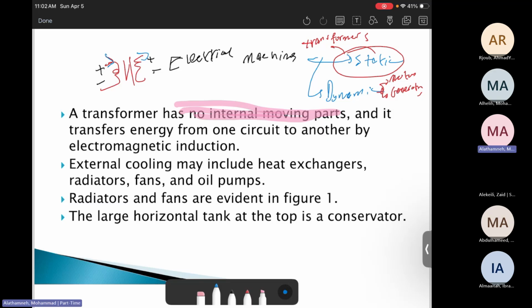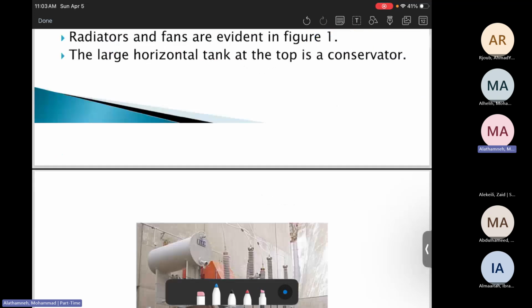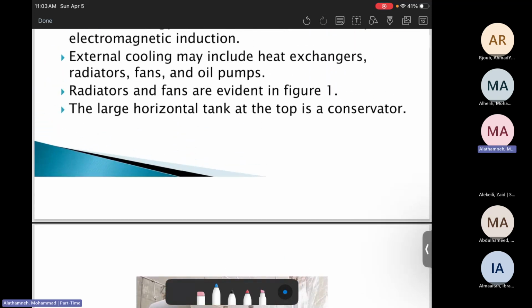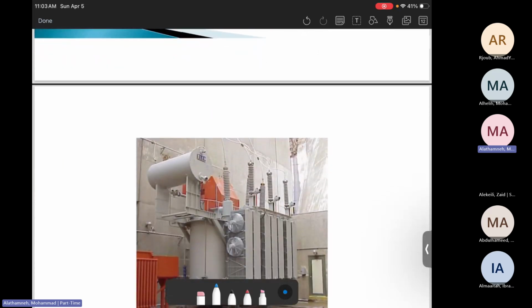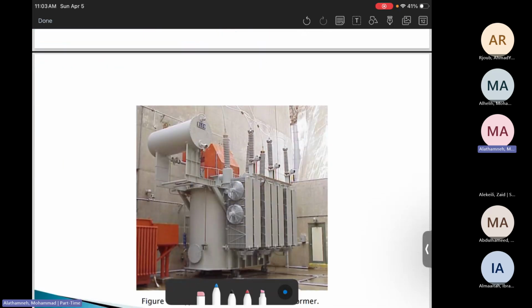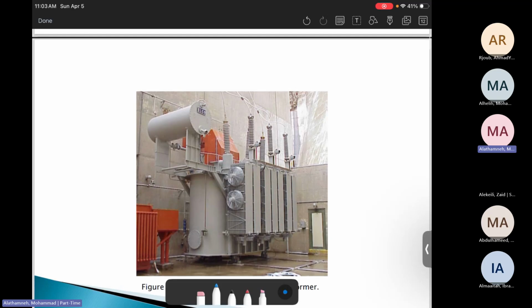There might be external cooling included to avoid heat buildup, like radiators, fans, oil, and pumps. Radiators and fans are evident in this figure, as we'll show you, along with the large horizontal tank at the top, which is called a conservator. So what's the point of cooling the transformer? Again, it is the power transformer. We will focus more on the power transformer.